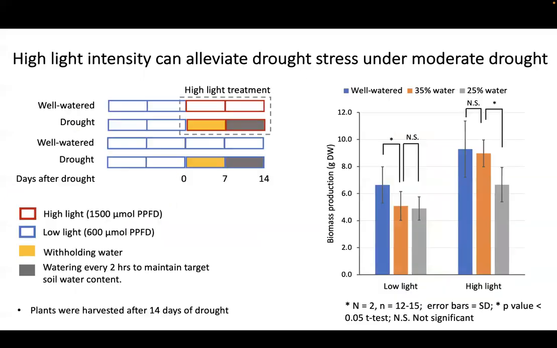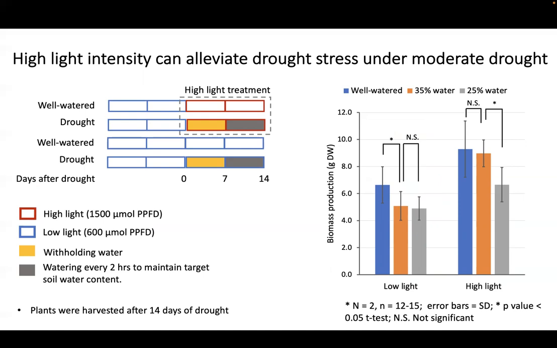And then we designed a high light experiment that is trying to improve the biomass production. So during the drought treatment, we give the plants high light treatment.